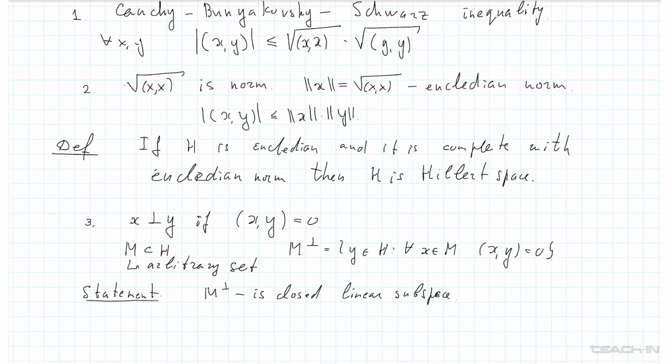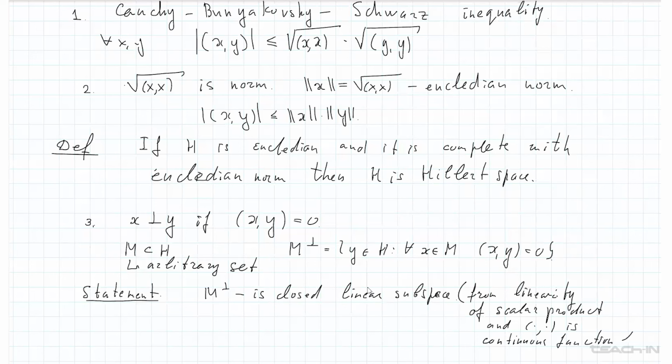It follows from linearity of the scalar product, and by the Cauchy-Bunyakovsky inequality we can obtain that the scalar product is a continuous function for any argument.